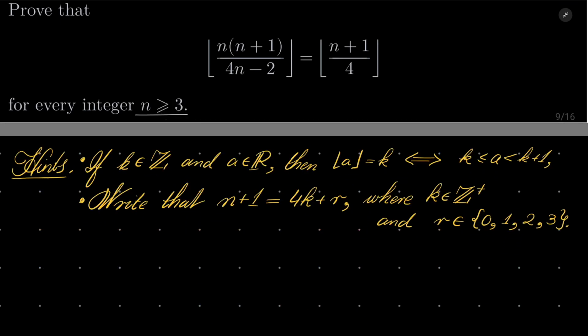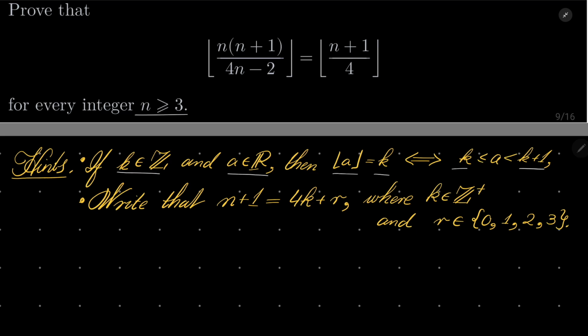First, notice that if we have some integer k and some real number a, then floor of a equals k if and only if a is between k and k plus 1. Here we have a weak inequality, here we have a strict inequality.